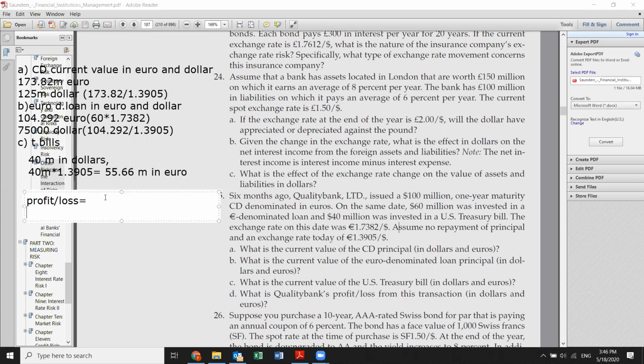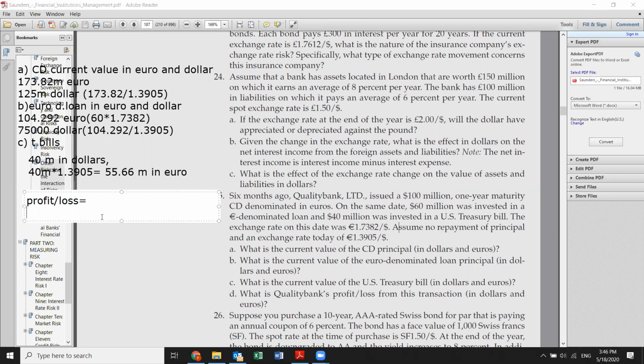So is there a loss of 25 million? Very good. And also maybe we have profit from the euro denominated loan.